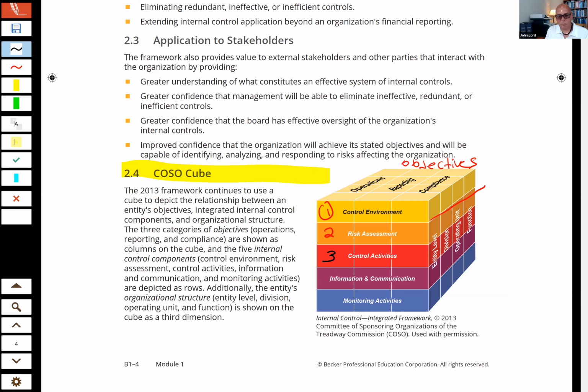Then we really respond to the risk through the control activities. And then we have to provide information and communication to our staff as to what their responsibilities are for the internal control. And then we monitor to see if we are achieving the desired objectives.